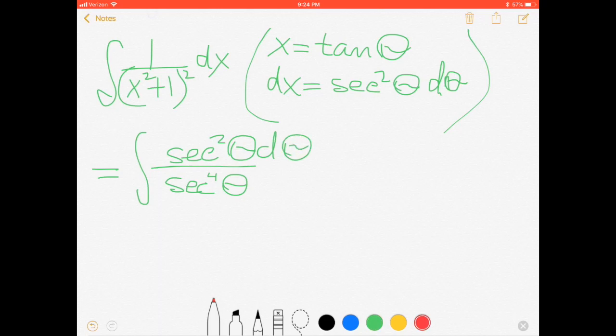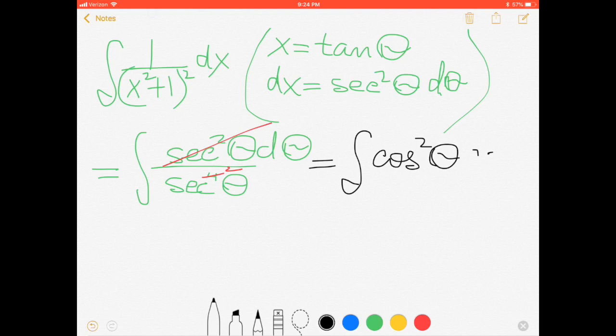Okay, simplify. This means the square goes out, and you have only the second part. Remember what a secant is. This means you have cosine squared, because 1 over secant squared is cosine squared theta d theta.